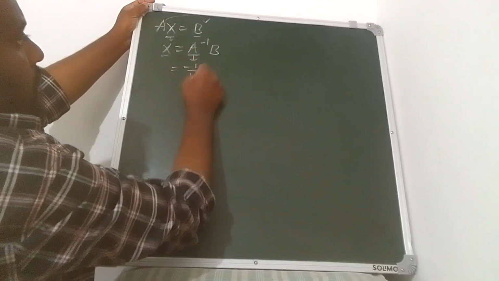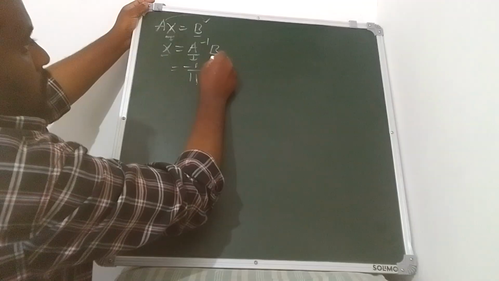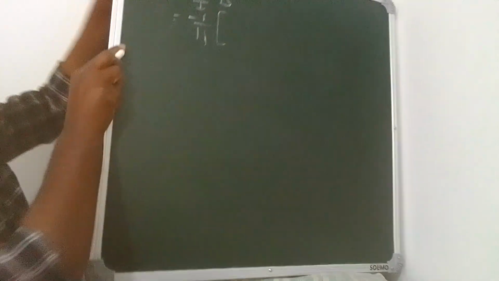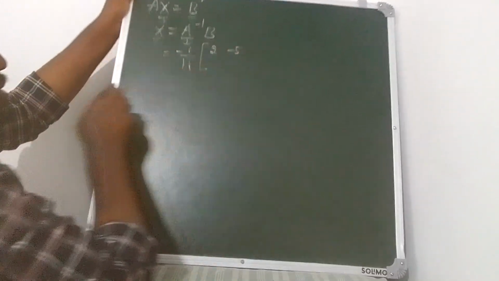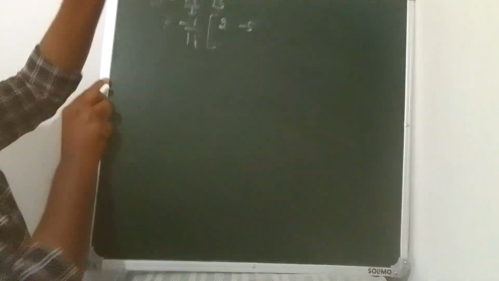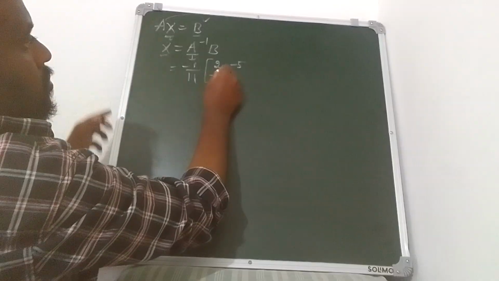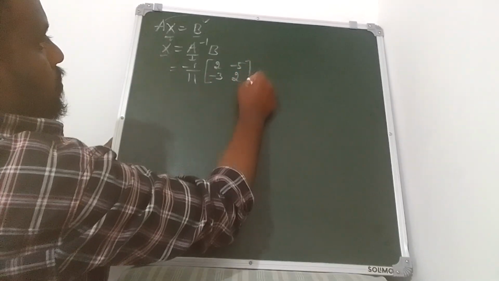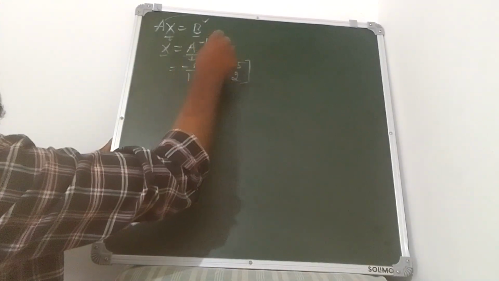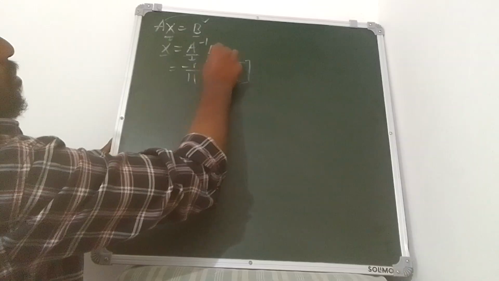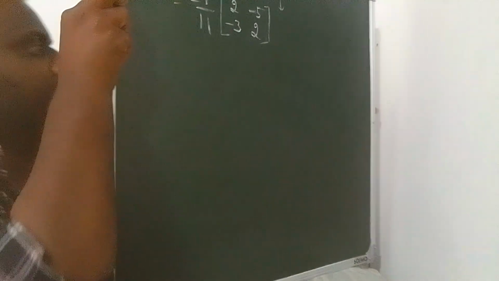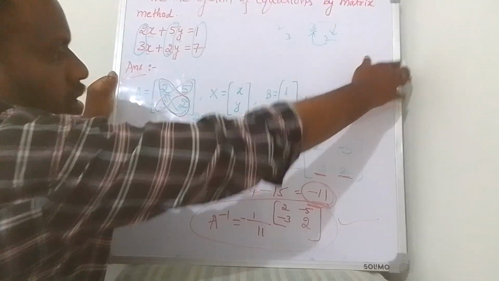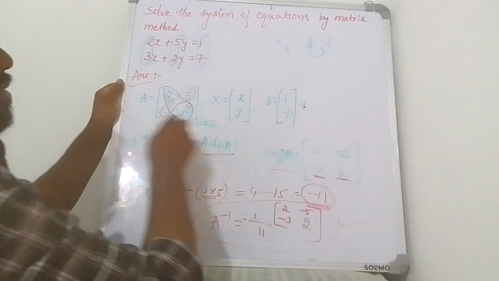So in this place we have substituted this. Next, matrix B, here you substitute. Matrix B is this, 1, 7.